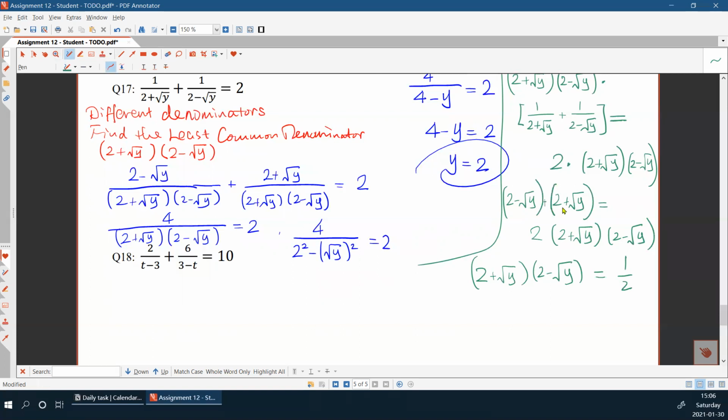This is a plus sign. Okay, so next step, the left-hand side is actually 4.